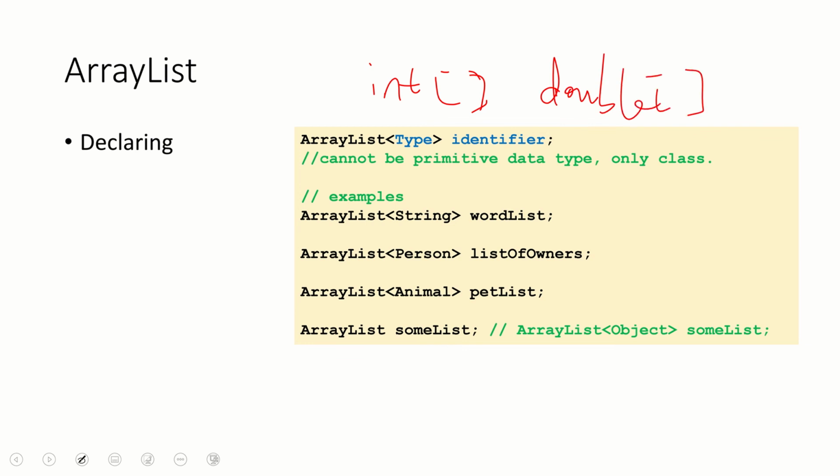But for the ArrayList, you cannot use them. But the question will arise: what if I want to create an ArrayList which includes int, double, float, boolean? How should we do this?